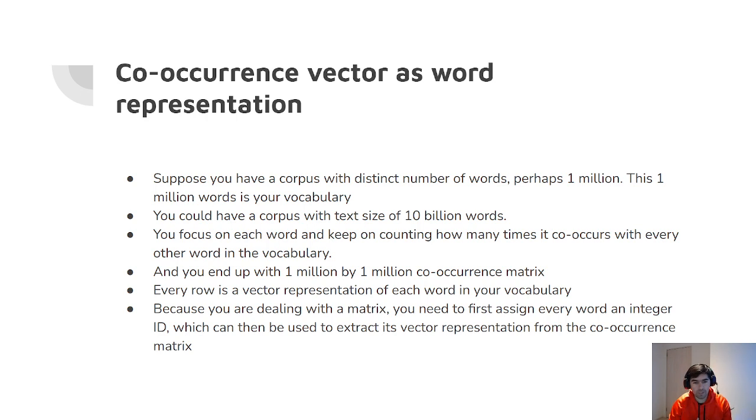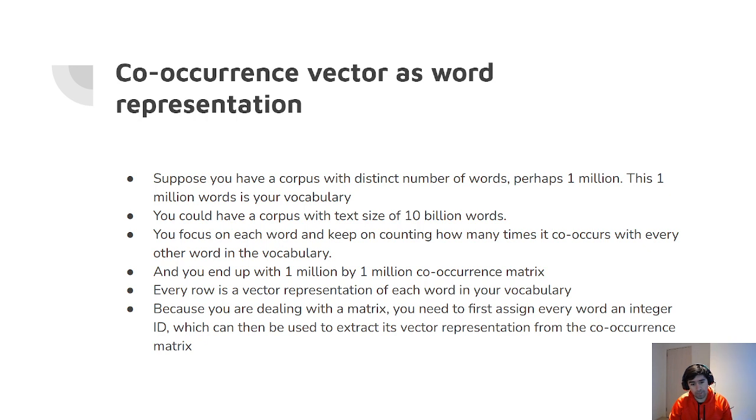So here I am explaining the process of how to build a co-occurrence matrix. Suppose you had a very huge corpus, perhaps with 10 billion words, but it only used 1 million distinct words. Of course, the same word could be appearing many, many times in the corpus.